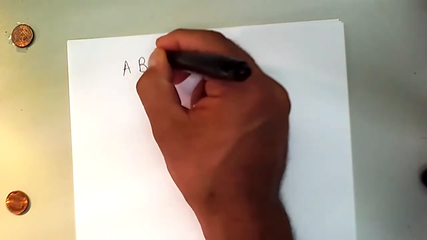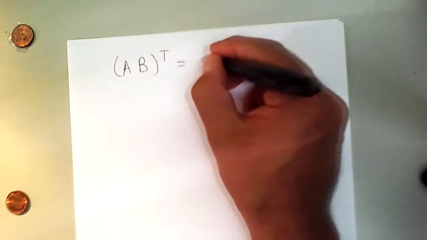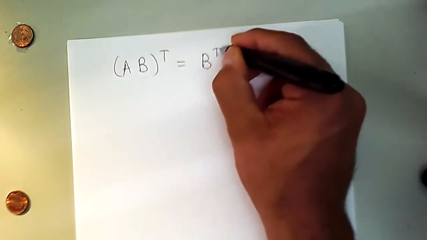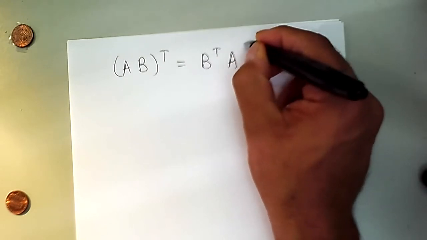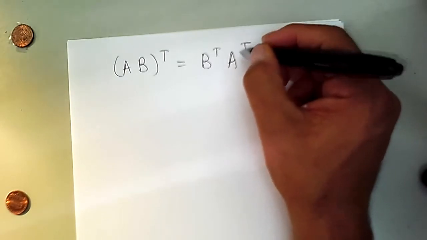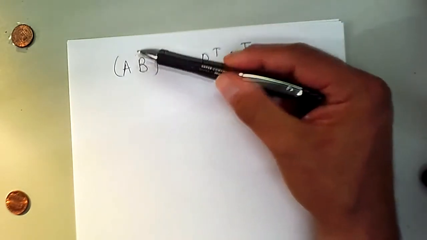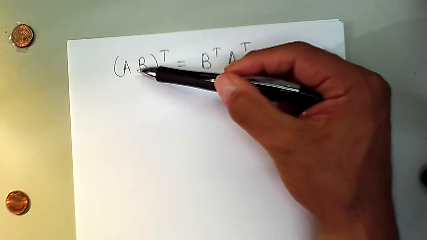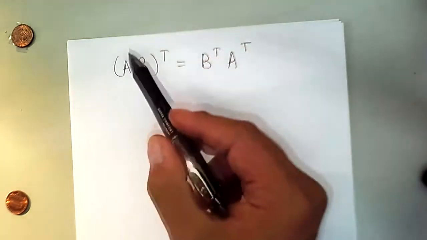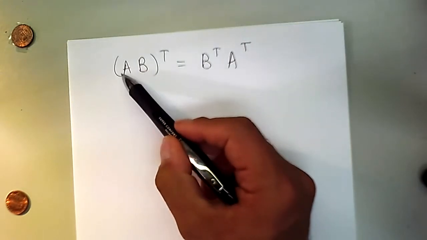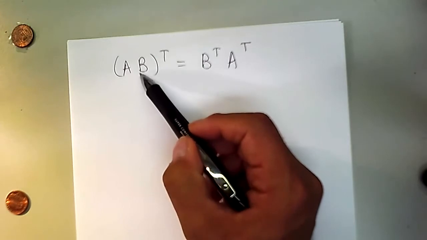The next one is very, very important. The transpose of AB is not the transpose of A with the transpose of B. It is B transposed A transposed. One way to think about this is, if we're multiplying on the left of B, we are changing its rows.